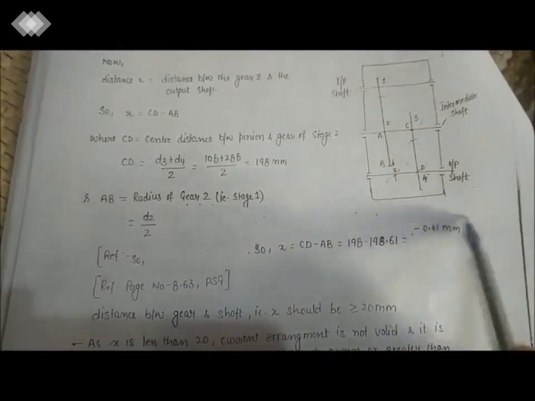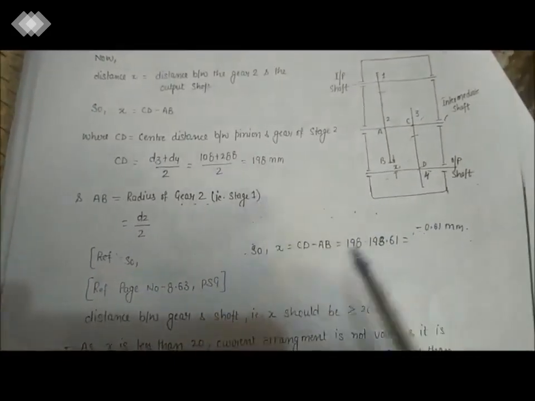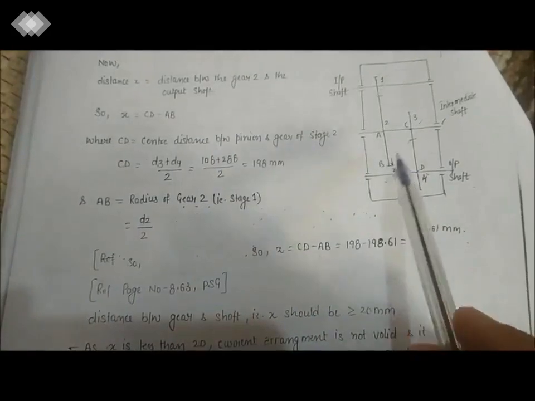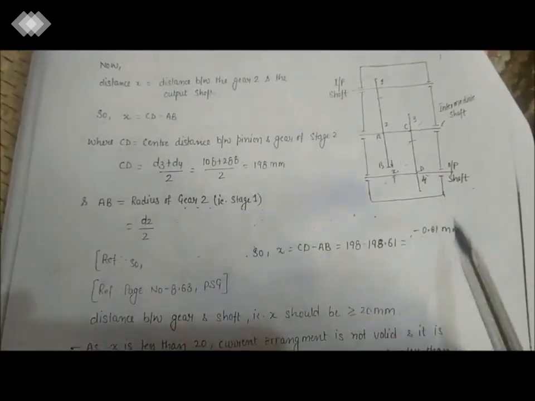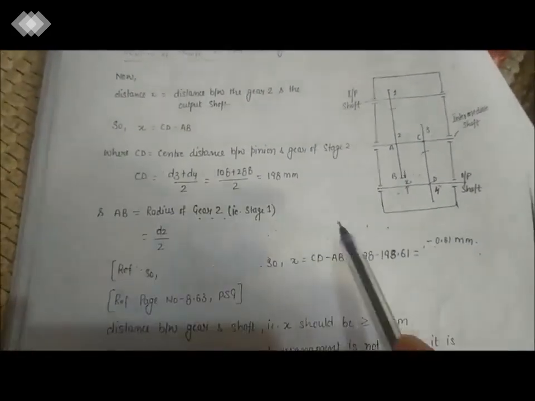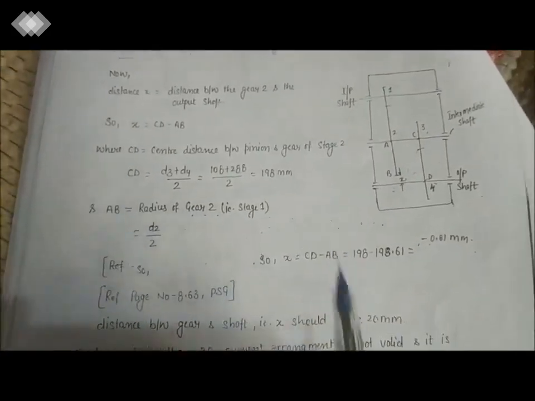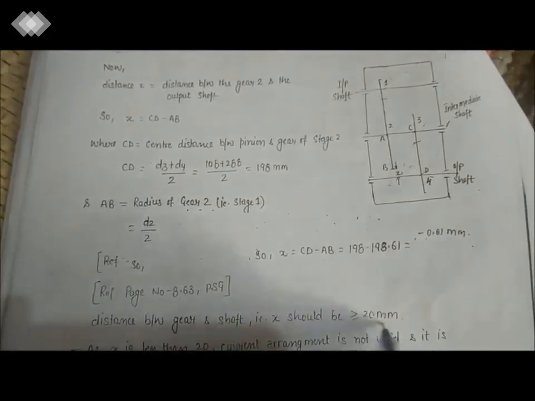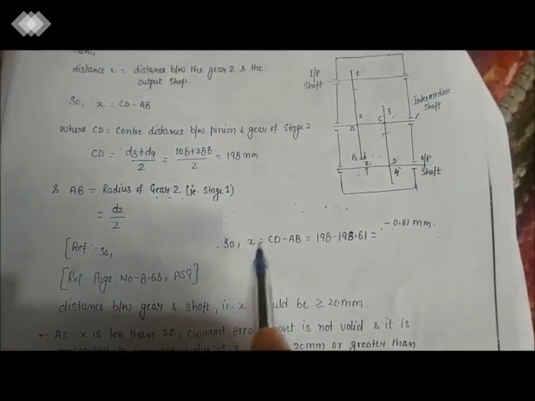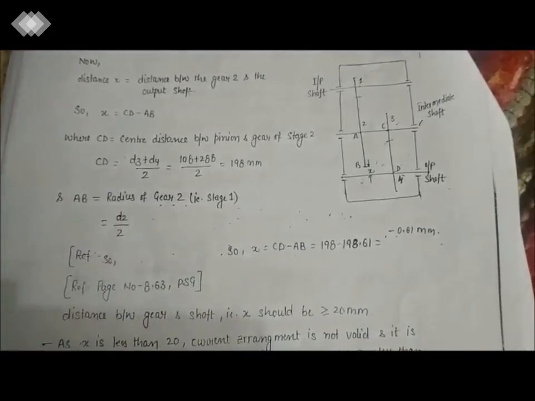Now here we get the value of x as negative. It is never possible. We cannot make the gearbox with this arrangement. So we need to increase this distance x, and it should be greater than 20 mm. If your distance x is greater than 20 mm, then there is no need for further calculation.